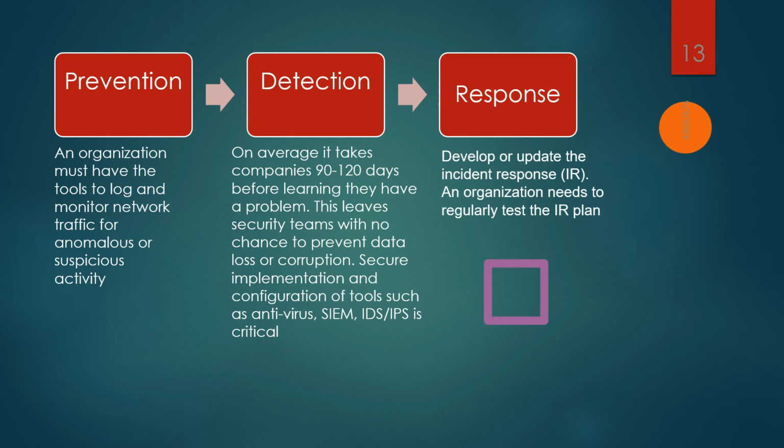Security implementation and configuration of focus, such as antivirus, SIEM, IDS, or IPS, is critical. Then you must have a response when an incident takes place. So you have to develop or update the incident response plan. An organization needs to regularly test the IR plan.